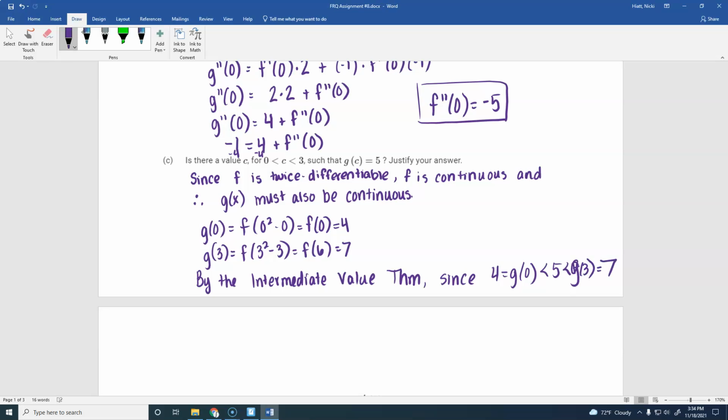Or you could just say 5 is between 4 and 7. That's okay. There is a value C for 0 less than C less than 3, such that G of C equals 5.